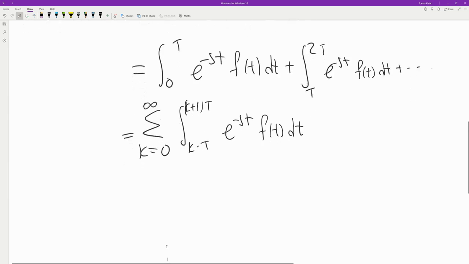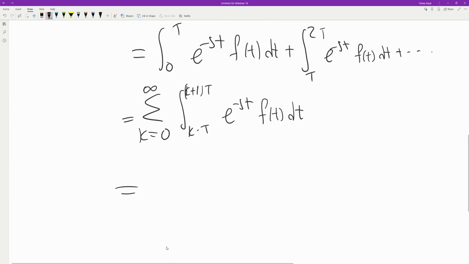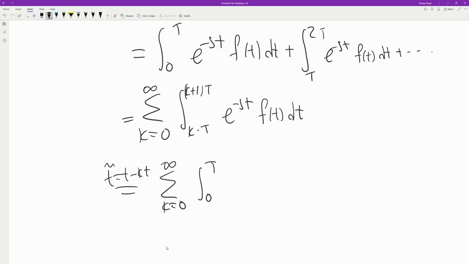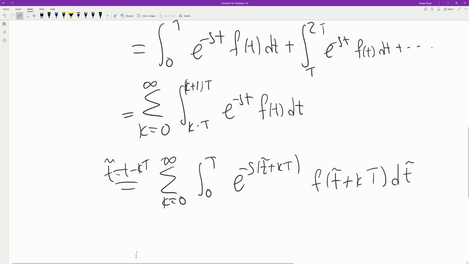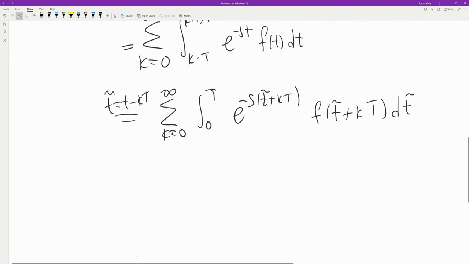Okay, now let's use change of variables to centralize the integral. Good.